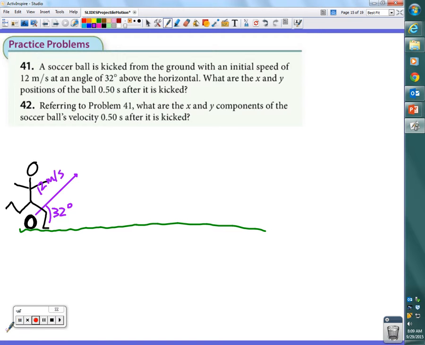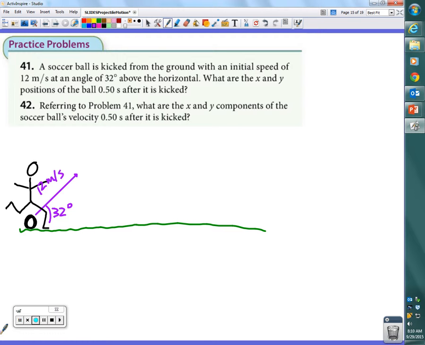The only way that this happens is just like the airplane. A speed of 12 meters per second at 32 degrees above the ground is a combination of a horizontal motion and a vertical motion occurring simultaneously. Does that make sense? Right?